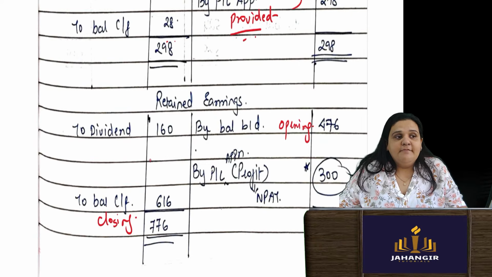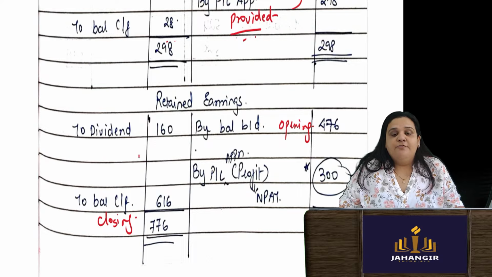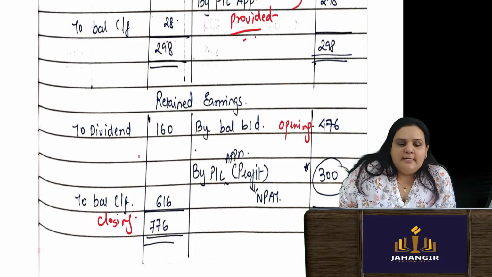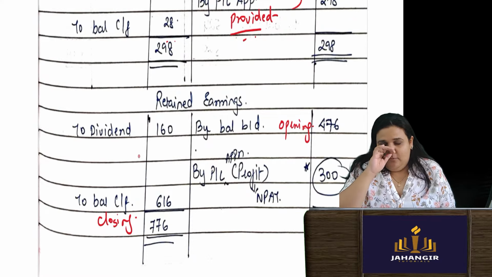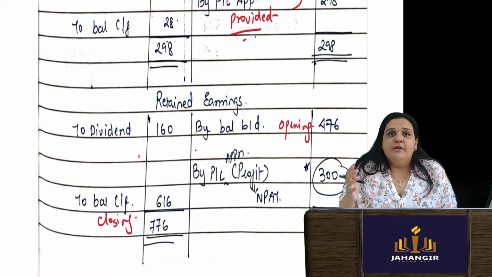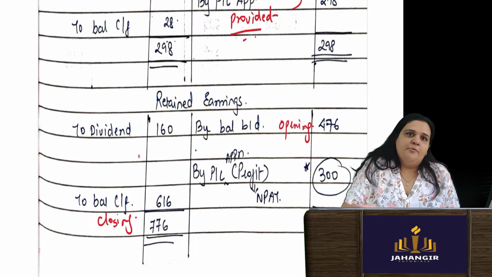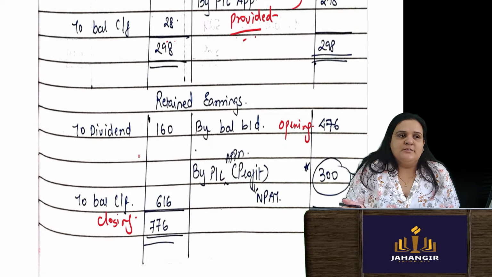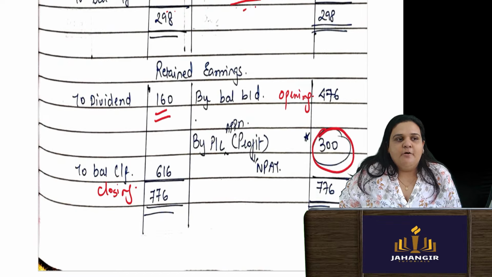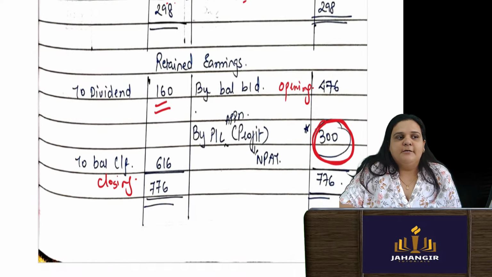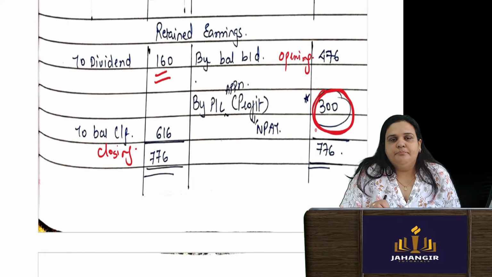I have paid dividend of 160. From where will I pay dividend? This retained earnings is like your PNL only. PNL appropriation. You will get retained earnings when you have some profit left and you are transferring it. So dividend also you must have paid from there only. So your balance will be what? Your net profit after tax, PNL.